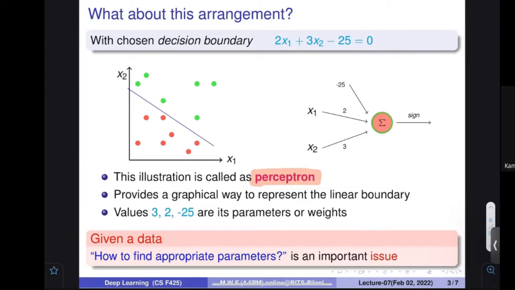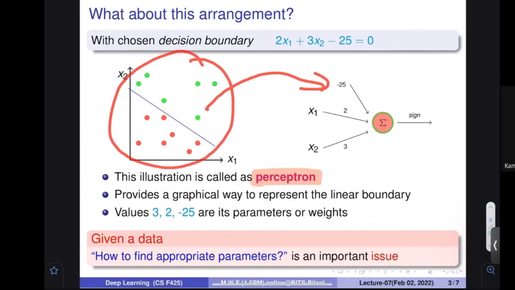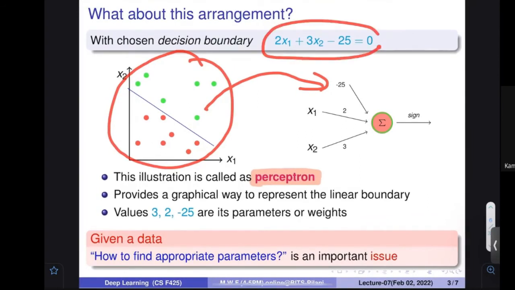Make sense? For a given data, if I ask you can you give me a perceptron, it's a fancy way of saying the same thing: can you give me an equation of a line that separates this particular data. Make sense?